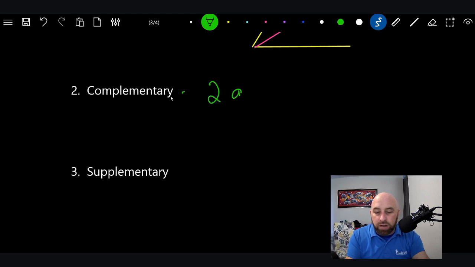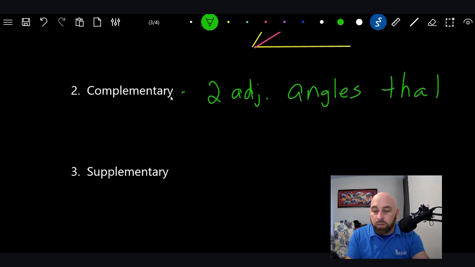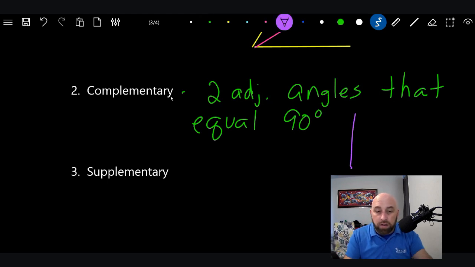Two adjacent angles that equal 90 degrees. What do I mean by that? Well, here's what I mean.